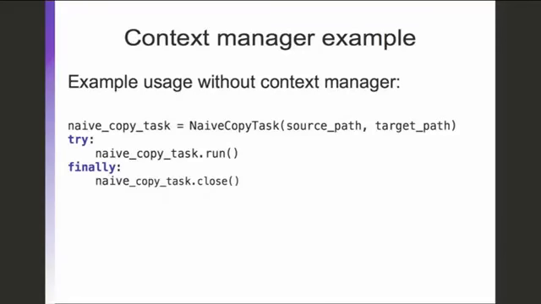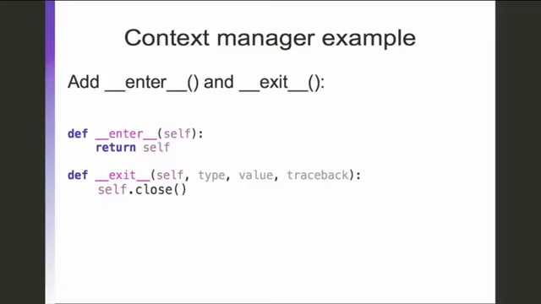I could use this naive variant the way it is with a try and finally to open a copy task, run it, and execute it and clean up the resources afterwards. If I want to do that with a context manager and a with clause, I just have to add two routines, enter and exit. And they will always look like that.